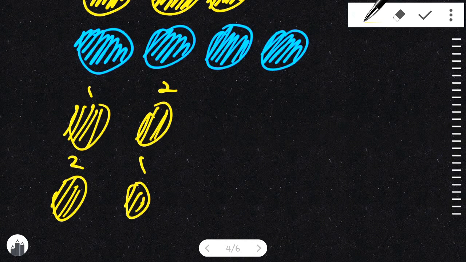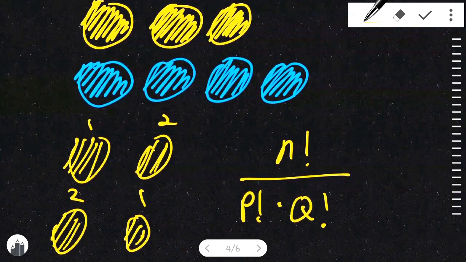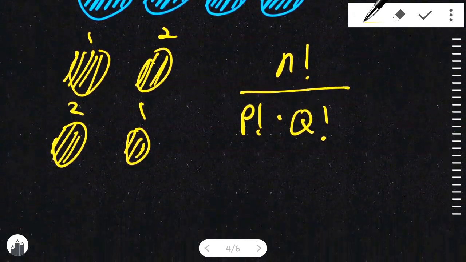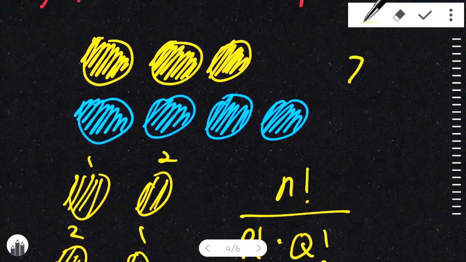We use the following equation to cure our headache. The equation is n factorial divided by p factorial multiplied by q factorial. N is the total number of values. So n in this question would be 7 because there are a total of 7 values. 7 factorial divided by, p and q are each of the repeated values, the number of the repeated values.